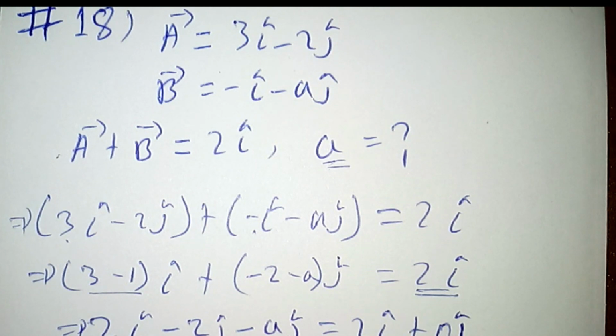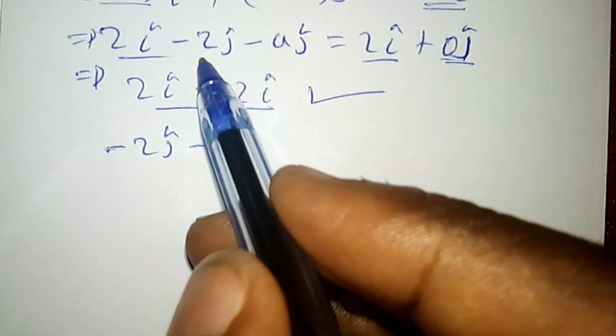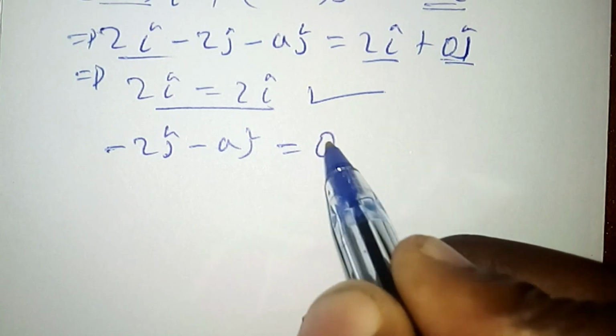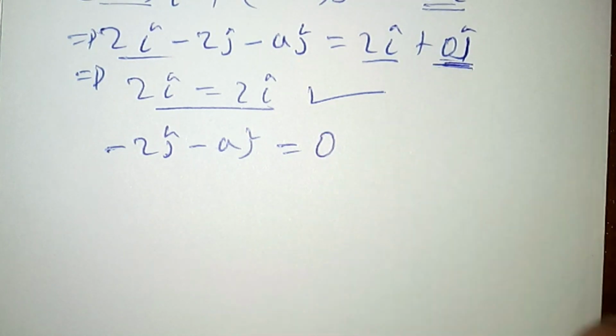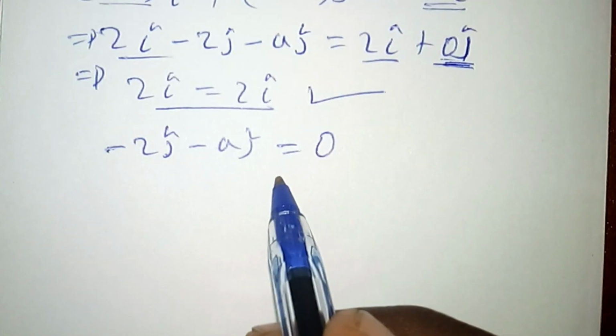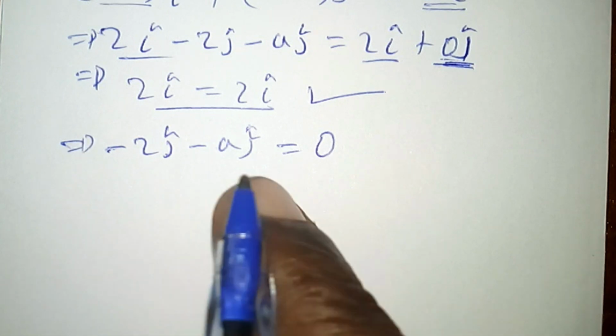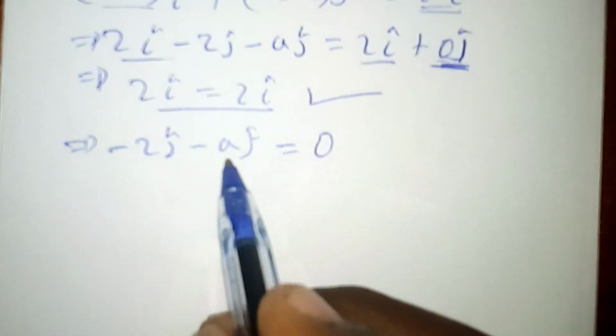From this equation we can see that 2i is equal to 2i on both sides. This is true, and we leave it like that. Then from this we can see that minus 2j minus aj is equal to 0, because on the right side we don't have the j component. So we can remove j from both sides by transferring terms to this side.